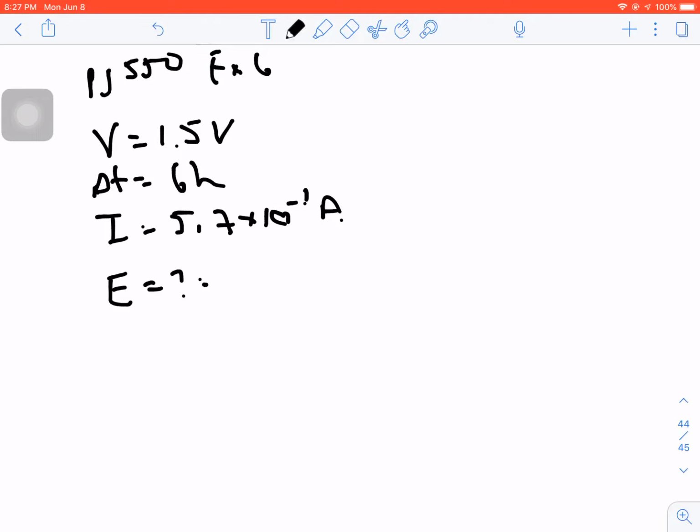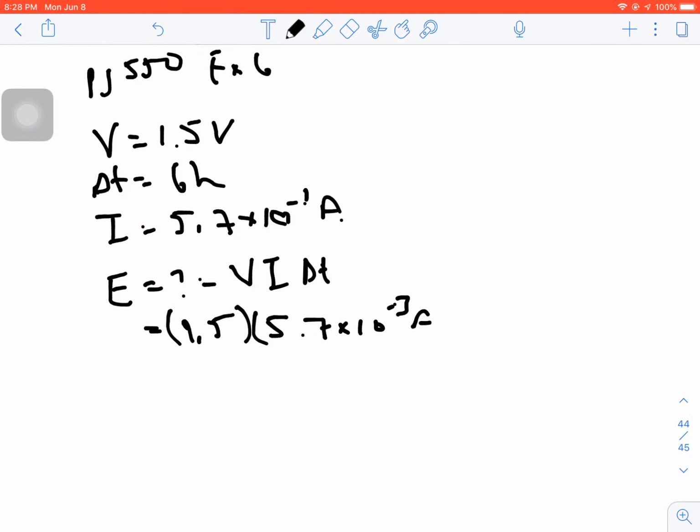So we're going to use that formula that we just developed. Energy is equal to voltage times current times time. Okay, so I know my voltage. It's 1.5 volts times a current of 5.7 times 10 to the minus 3 amps. And we're told the time is in hours. I need to convert the hours into seconds.